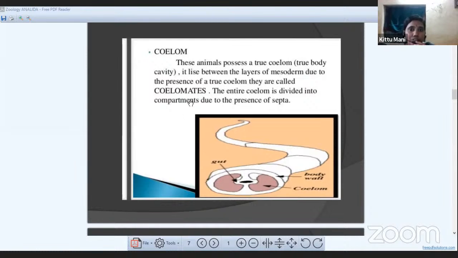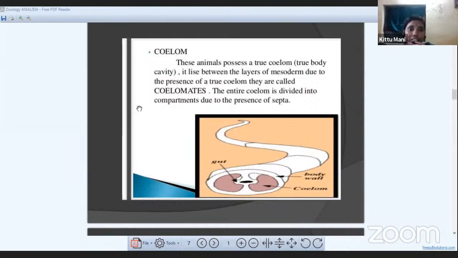Okay, this entire coelom is divided into compartments. Why are we using the word compartments? We already discussed previously that the organism's body is divided in a segmented manner. So the body coelom is also divided into compartments. Why?